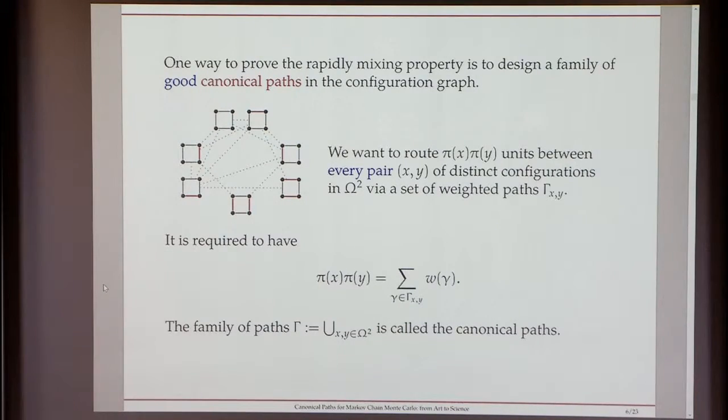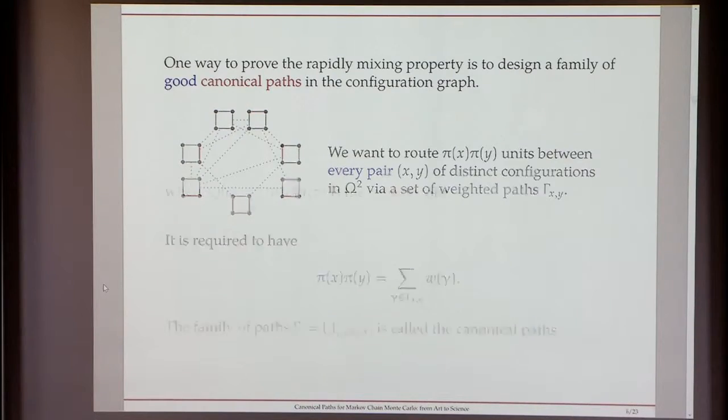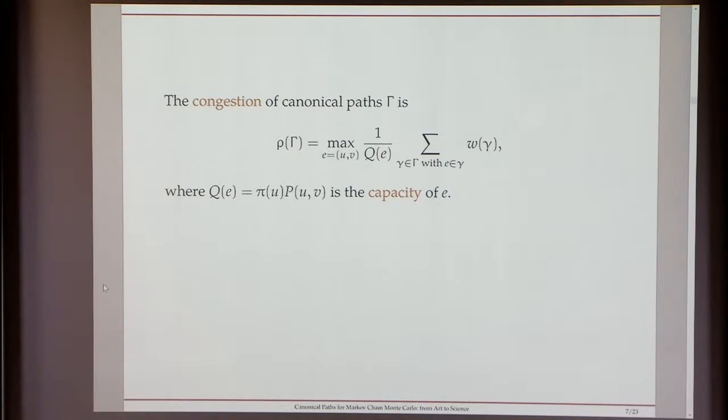So what do we mean by a good canonical path? Intuitively, it means that we want to design these paths to be distributed evenly over all the configurations. So we can consider the notion of congestion of an edge.